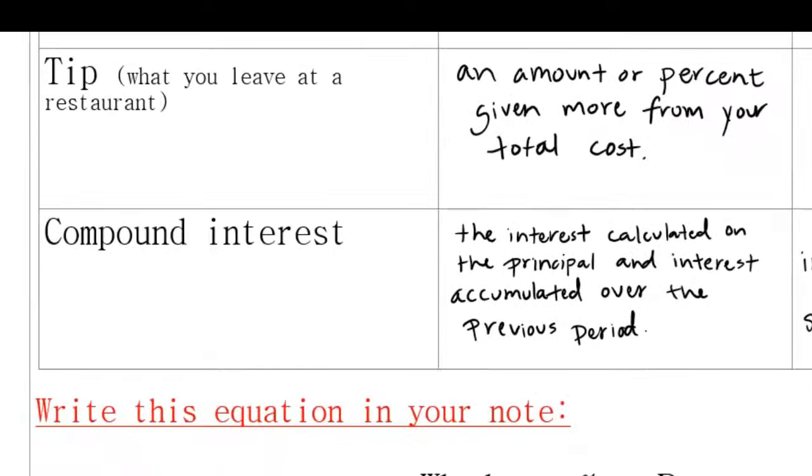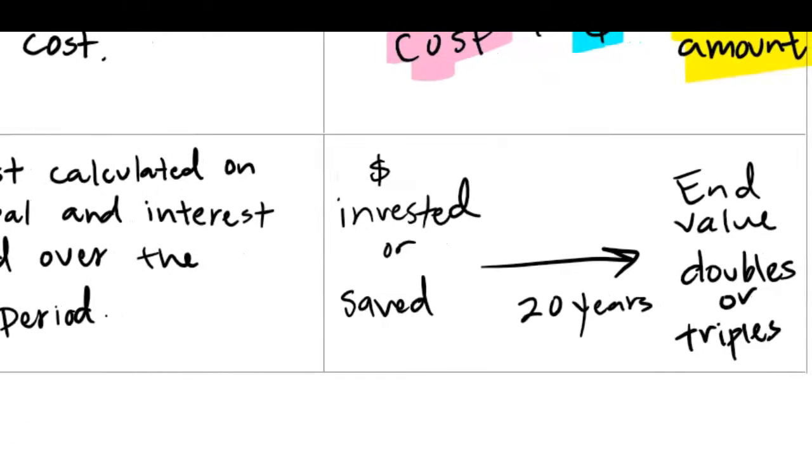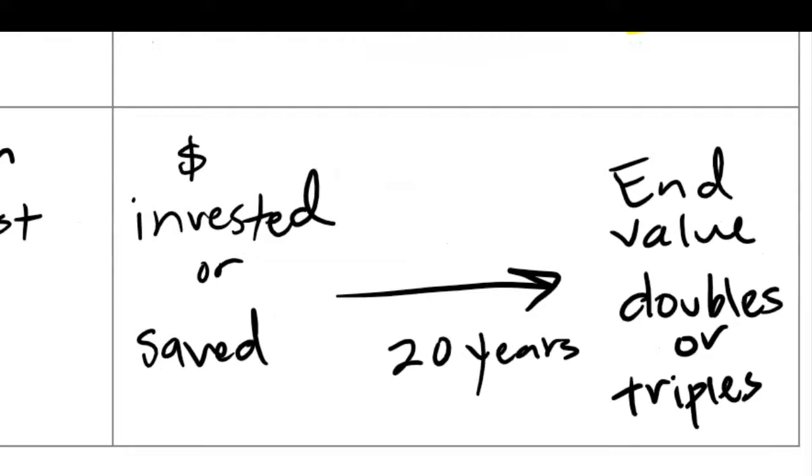So compound interest is the interest calculated on a principal and the interest accumulated over the previous time. Another way to look at this is money you've invested or saved into an account that over the time of 20 years, the end value of that amount actually doubles or triples. Let's say you put in a bank account $10.